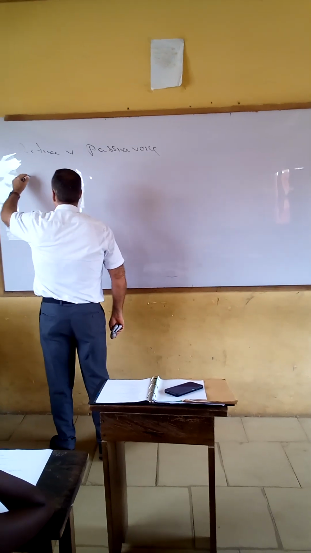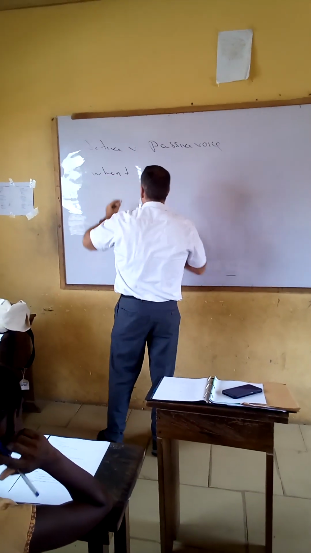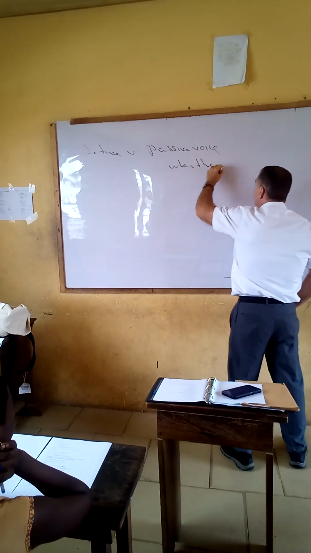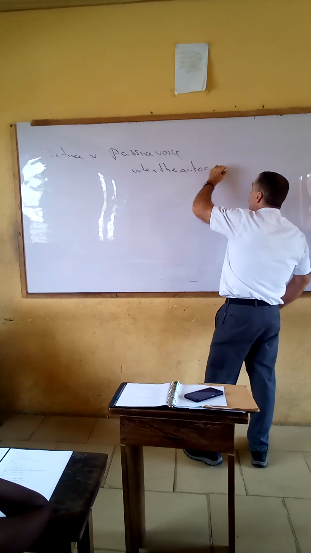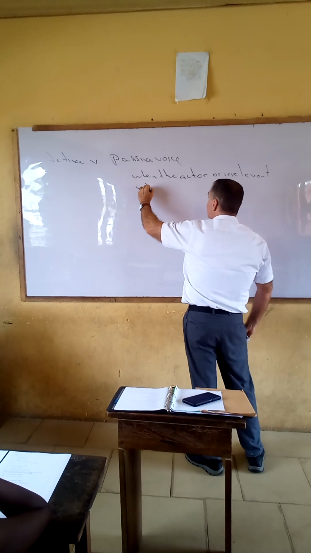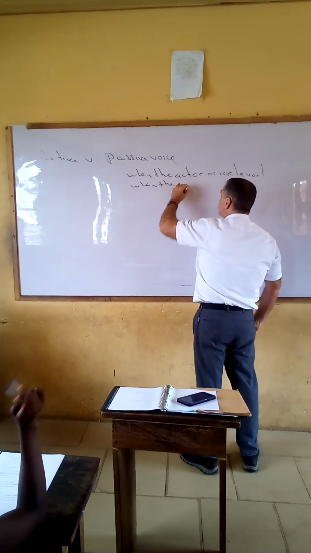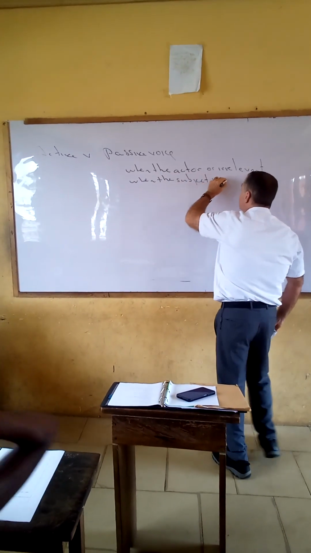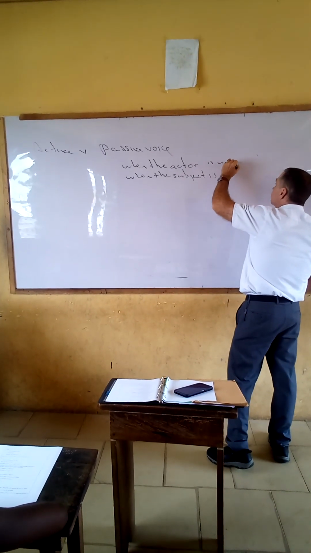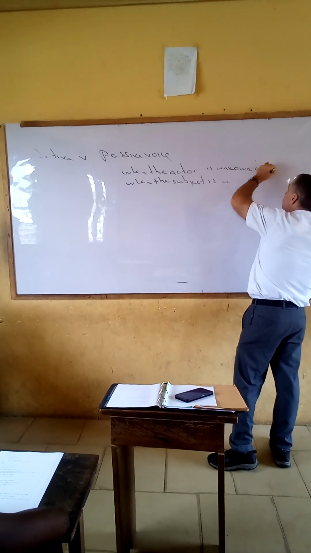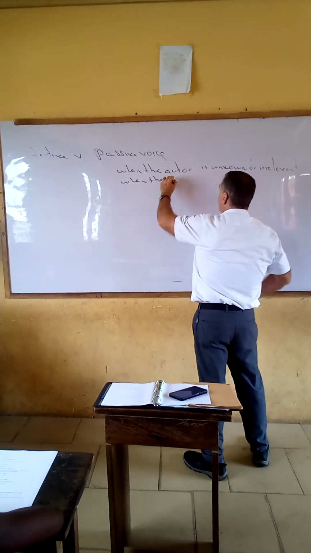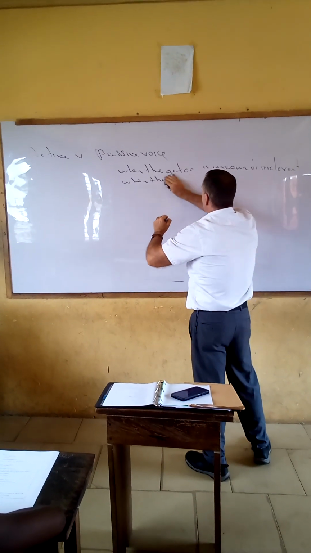One is when the actor is unknown or irrelevant, and another is when the subject is unknown. And the other is, excuse me, when the object is unknown or irrelevant. No, the subject.